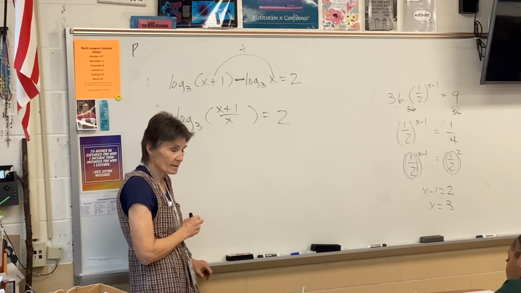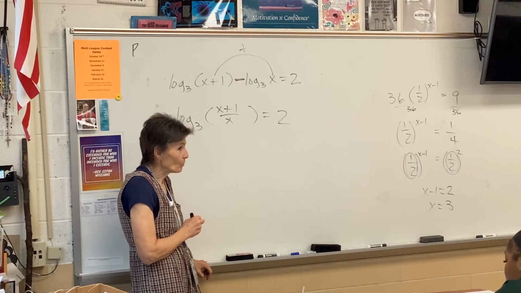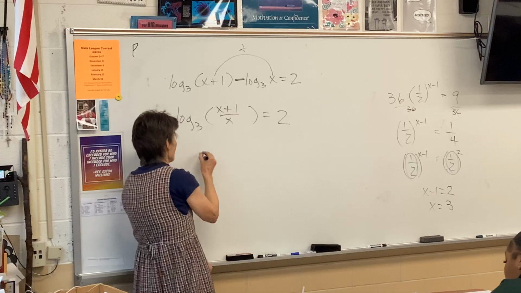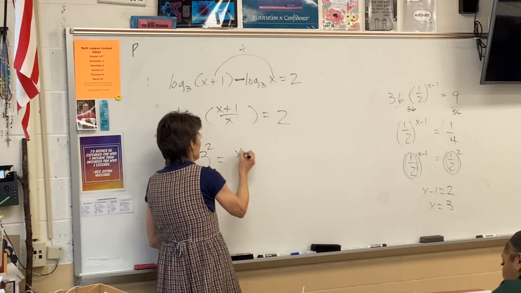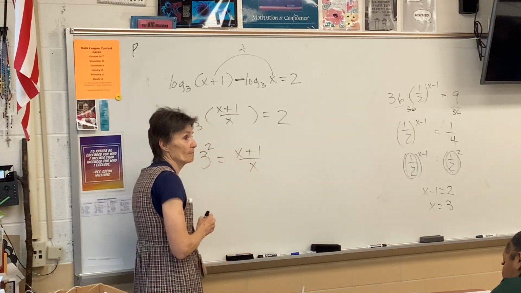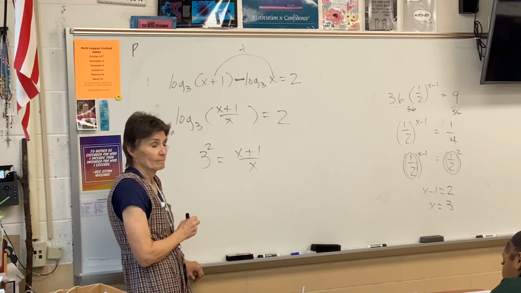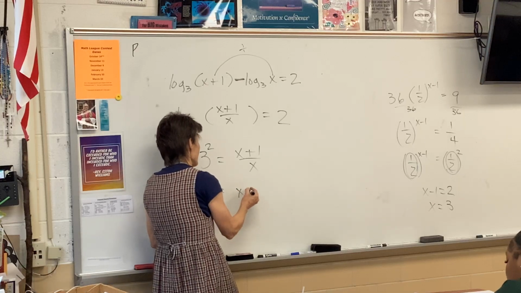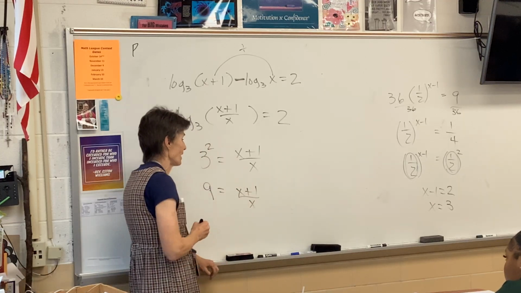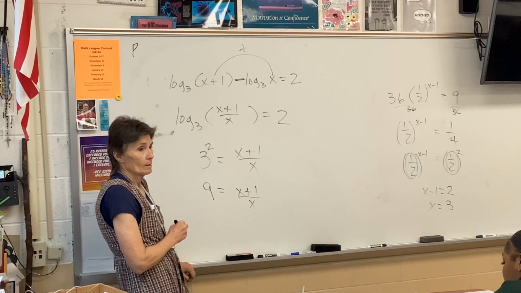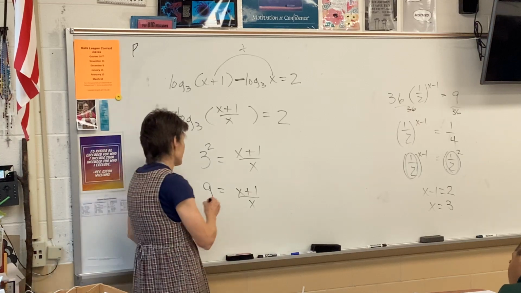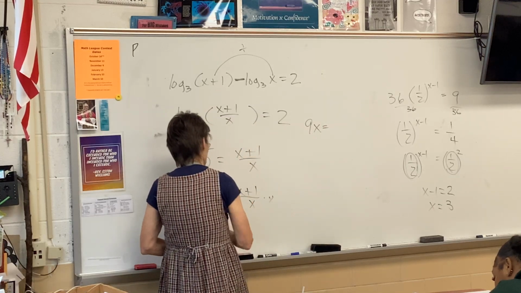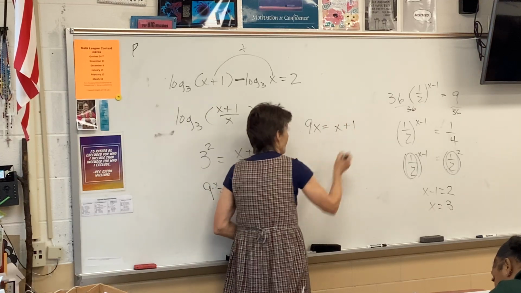Now once you get that done, we can do our very favorite thing, which is loop-de-loo. So 3 to the second equals x plus 1 over x. So 9 equals x plus 1 over x. How do I solve that? I gotta be able to solve that. Multiply by x. So 9x equals x plus 1.